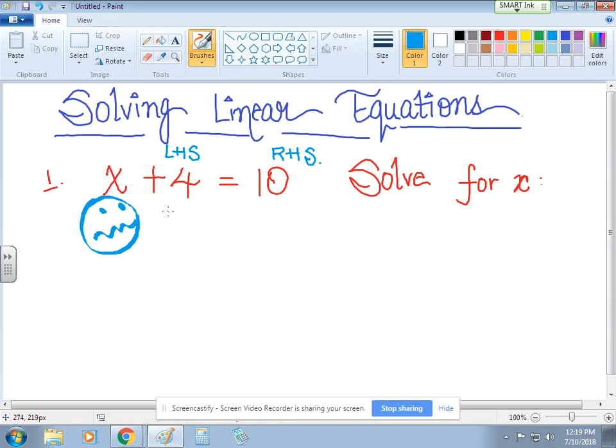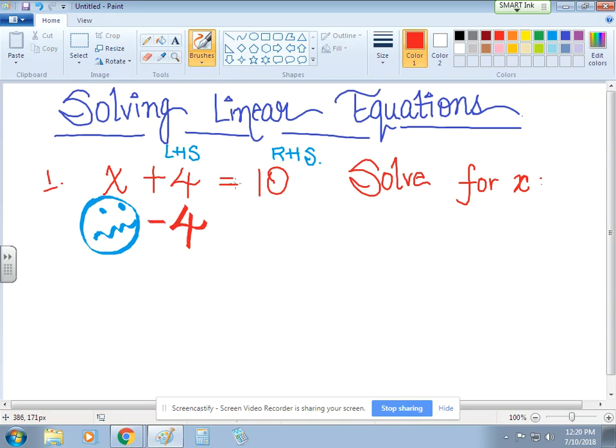So 4 says, "Okay, I was just sitting next to you. I'm such a positive person. What's the problem with you? Okay, I will go away from you." So what happens is, students, 4 goes away. So what will we do here? What was the sign before 4? It was plus, correct? We do the opposite sign before 4, that is negative 4.